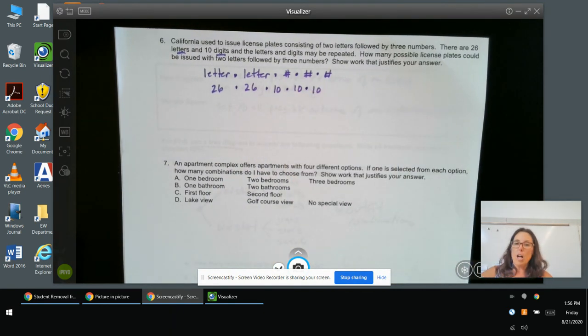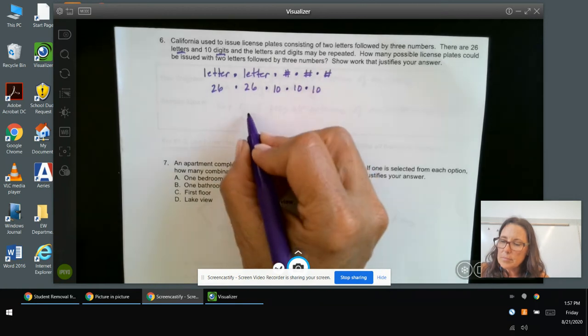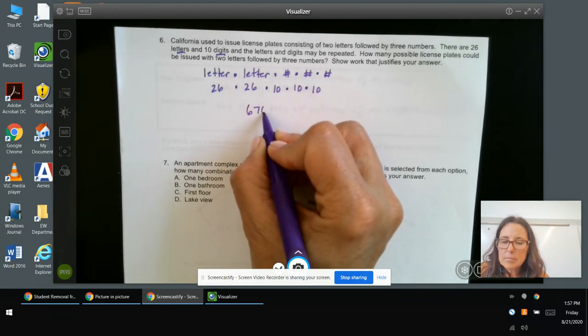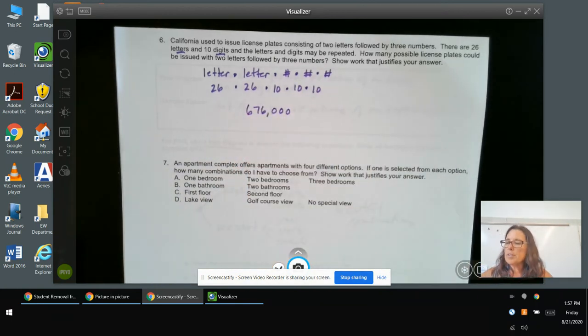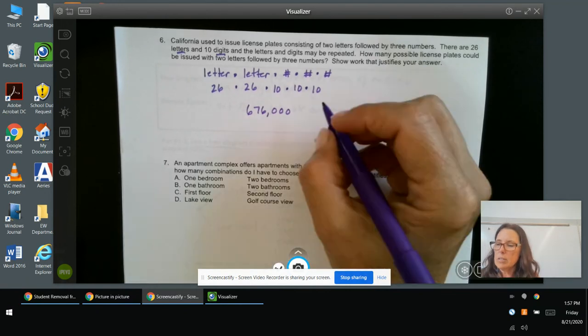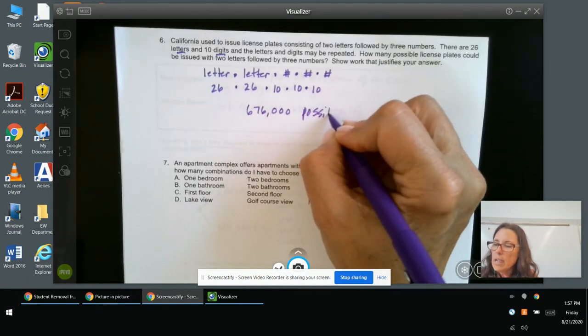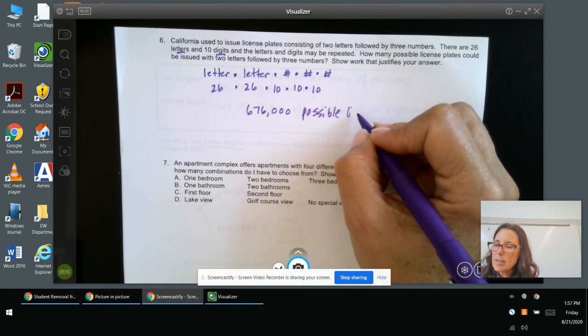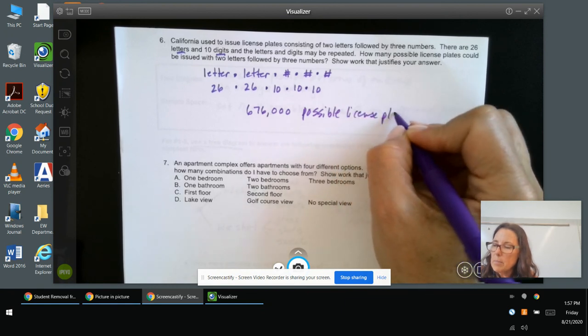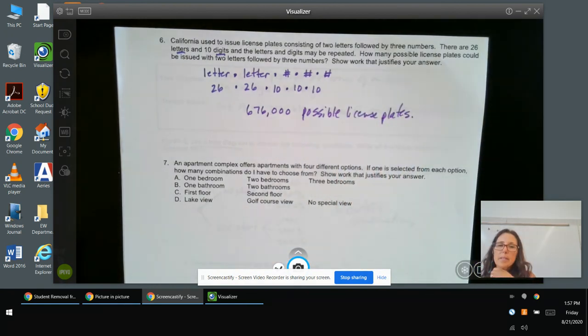When you multiply all this together, you get 676,000 possible license plates that can be made. Any questions on that, guys?